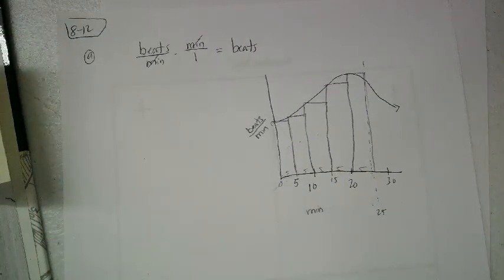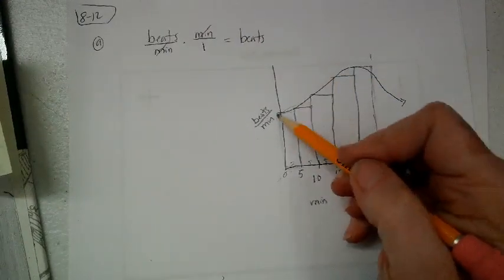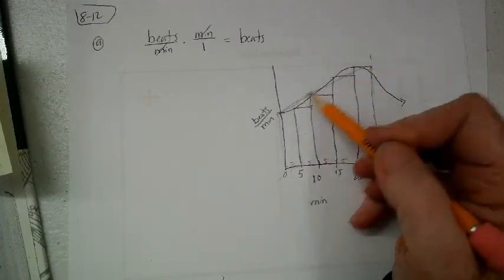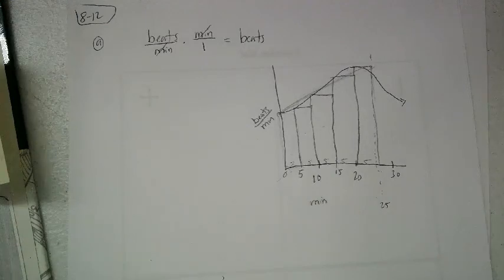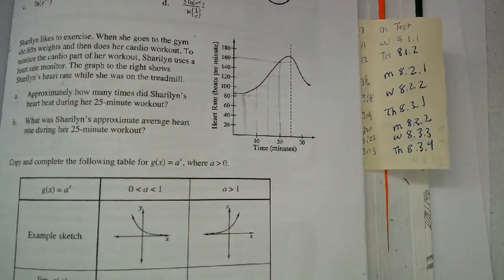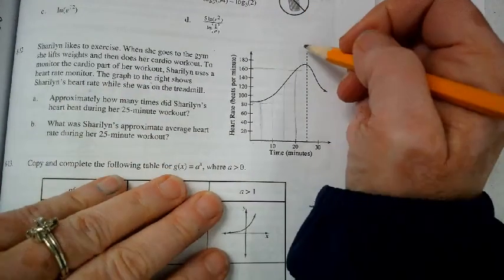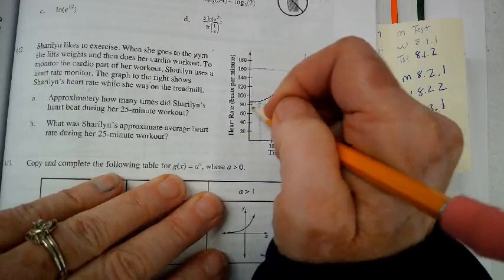And then on letter B, it says, what was her approximate average heart rate during the 25-minute workout? I can find it just by getting the overall average rate of change. So I'm just going to average. Let's use this picture that has actual numbers on it. I'll just use this point and this point.